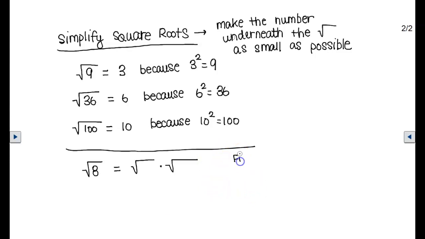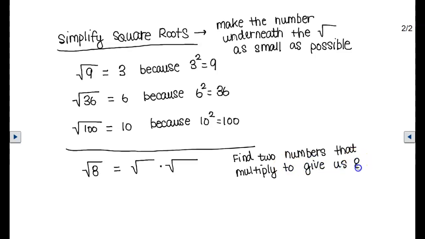We're going to find two numbers that multiply to give us 8, where one of the numbers is a perfect square.